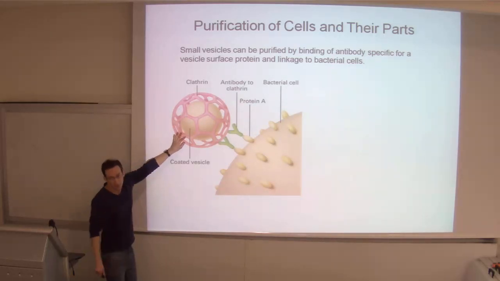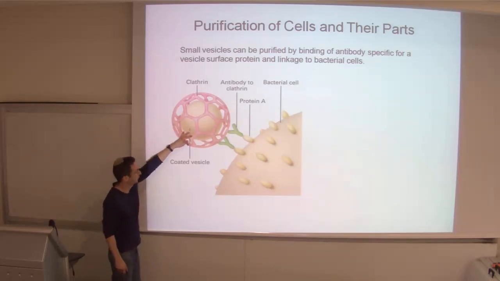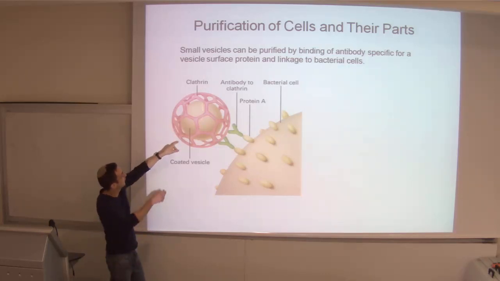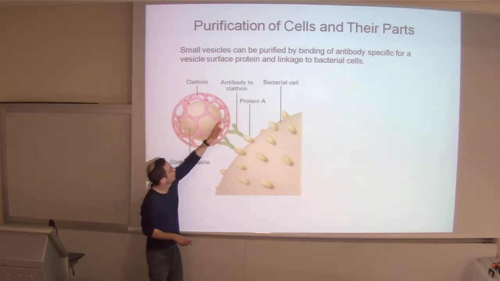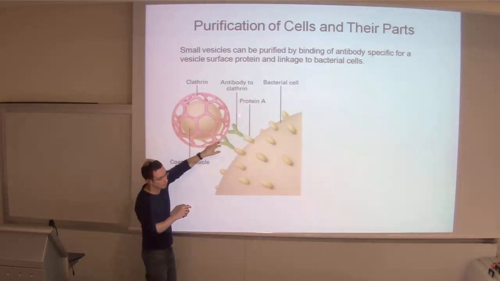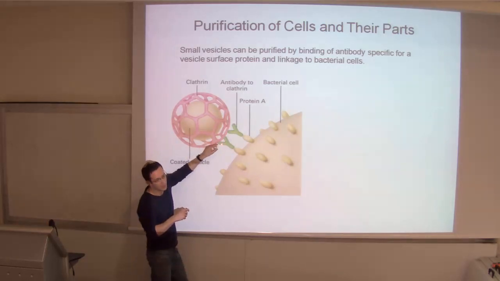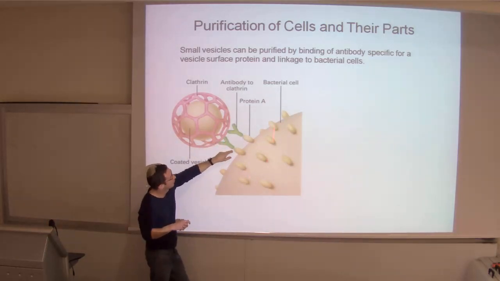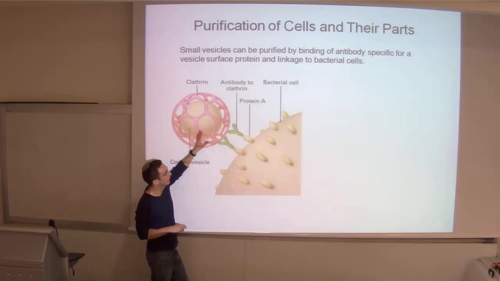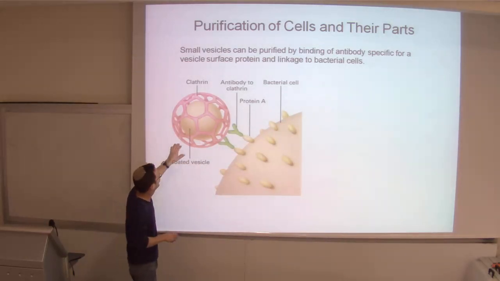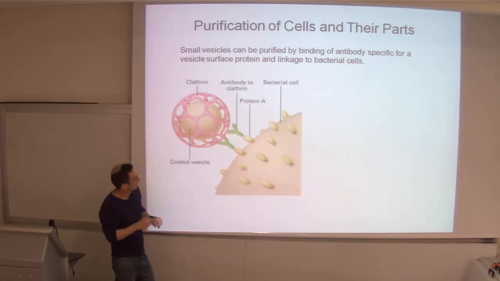So, for instance, here it's described for neurotransmitter vesicles, that are most of the time covered with a protein named clathrin. Then you have an antibody, remember these are proteins that recognize other proteins, an antibody that recognizes clathrin and is covalently linked to the bacterial cell right here, and then you just flow a mixture of different organelles into this environment, so only the clathrin-coated vesicles would link via the antibody to the bacterial cell.